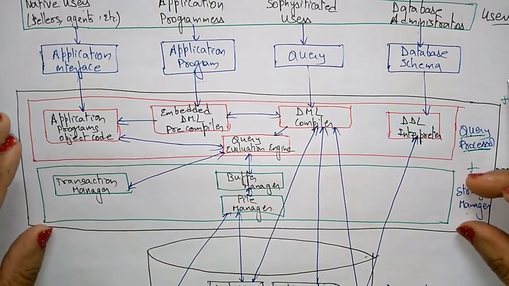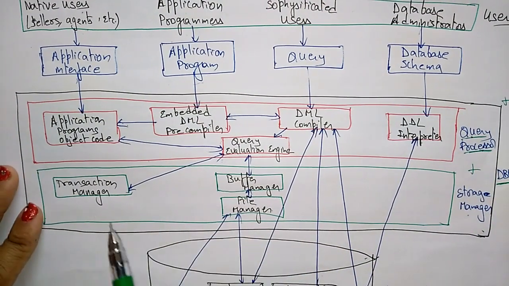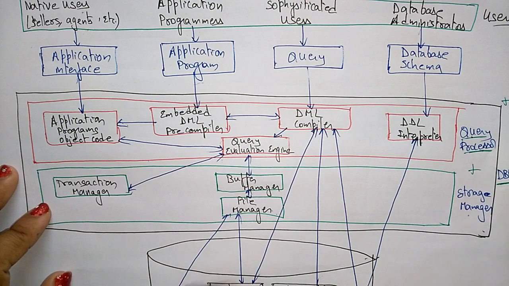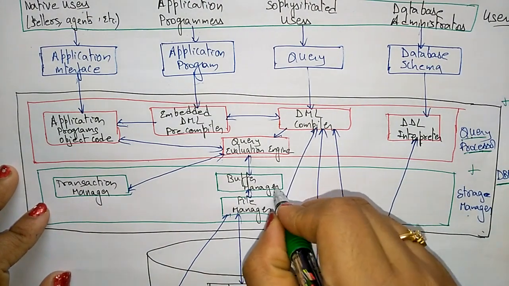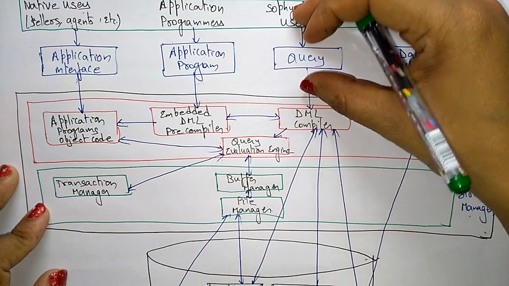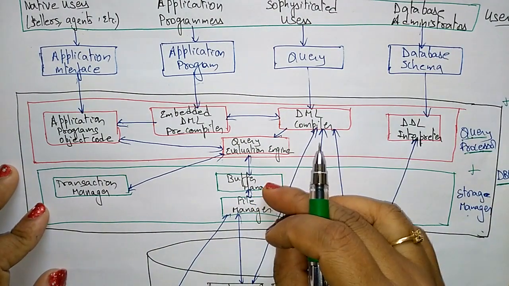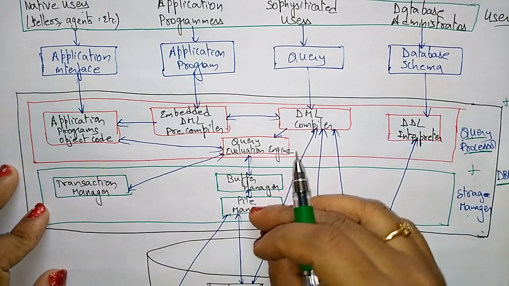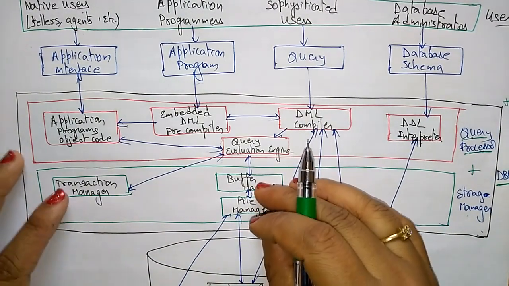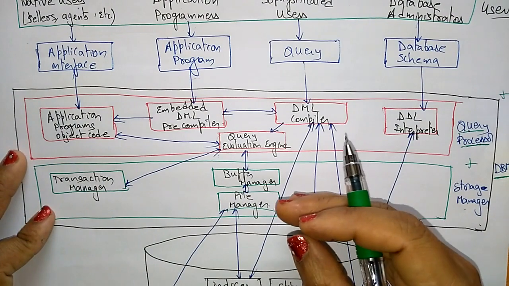And coming to the storage manager, it has the transaction manager, buffer manager, and file manager. The buffer manager is used to store the data for whatever query the user is asking. According to that, the file manager takes the relevant data based on the query, for example first in first out.